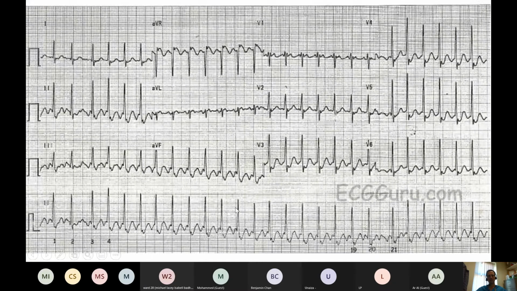So I've had regular with atrial ectopics. What's the rate of this ECG before we get as far as the rhythm? Does everybody know how you work out the heart rate on an ECG?